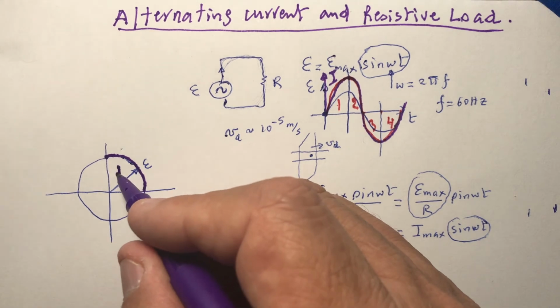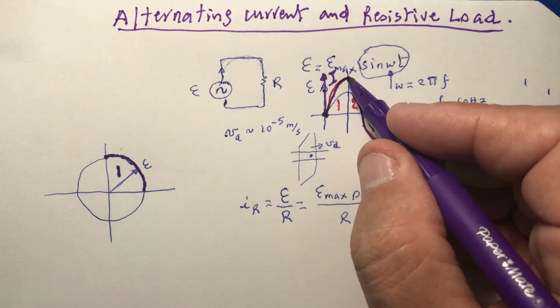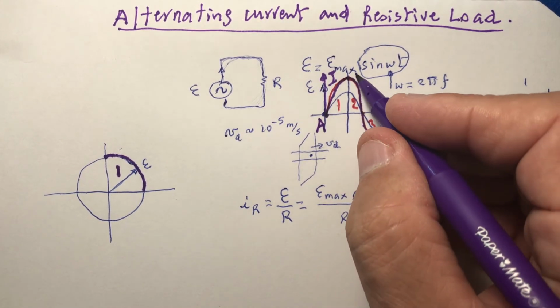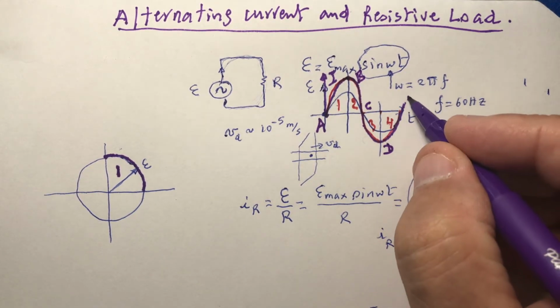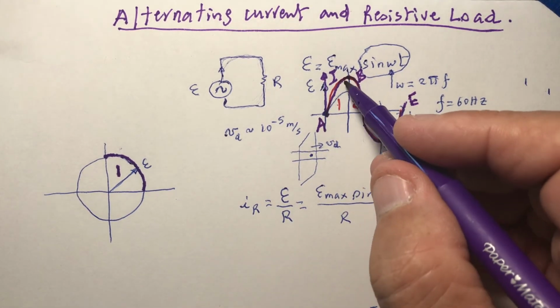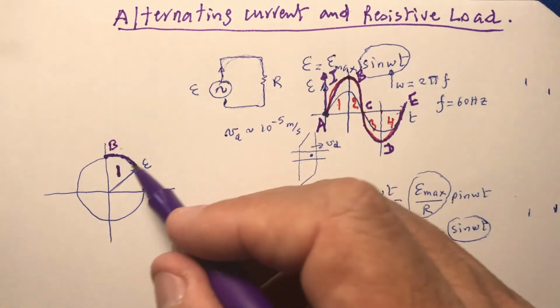This is quadrant 1. So when the voltage goes from here to there, let's call this point A. This is point B, C, D, and E. Now, going from A to B, here is A, you go to B.